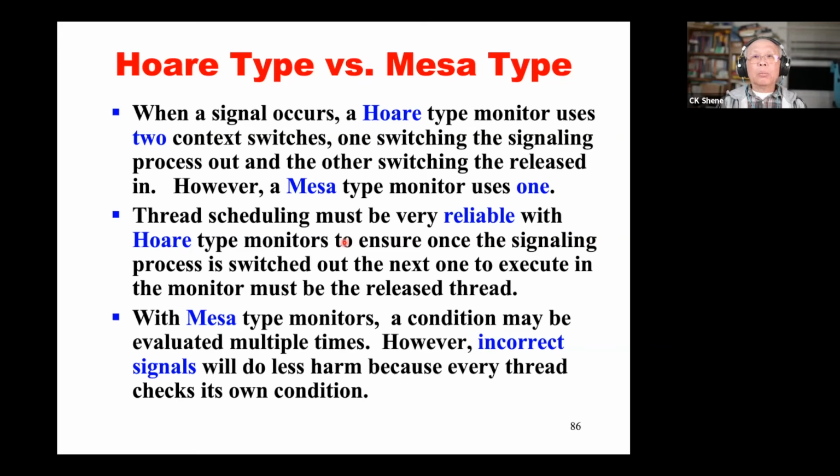In other words, you may think this way. The signaling thread has the button of the monitor, and the signaling thread hands the button directly to the released one. This has to be done exactly like what we said.